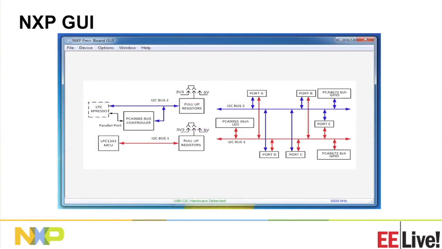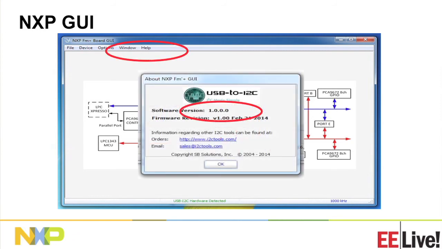This is a screenshot of the graphical user interface, or GUI, which NXP supplies for free to support the board I've just described. And lo and behold, there's that diagram again. So we're just showing the version number here, which is the current one.